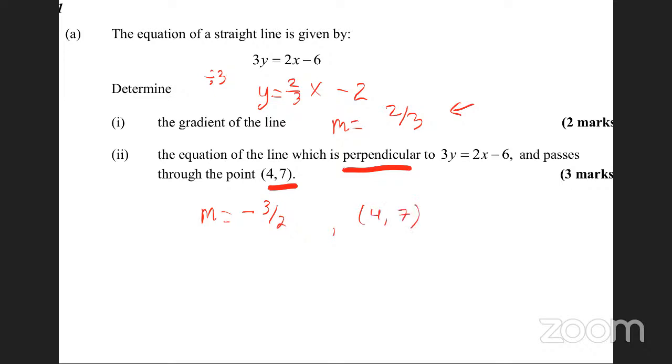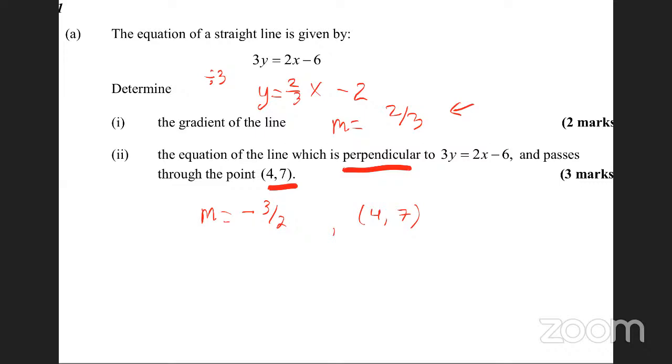Okay? So I want you now to take that information and find the equation. But before we do that, read the question again. I want to make sure you understand what the question asks. Part 2 says, determine the equation of the line which is perpendicular to 3y is equal to 2x minus 6 and passes through the point 4, 7. Okay?